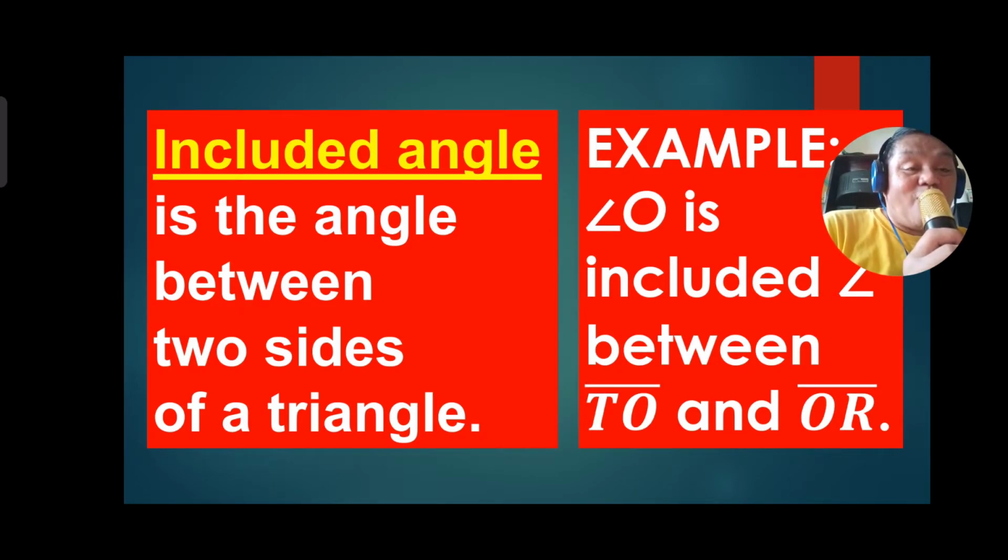That is how to name the included angle. Yes, the common letter of the two sides is O, and that will be called angle O. Angle O is the included angle between side TO and side OR.